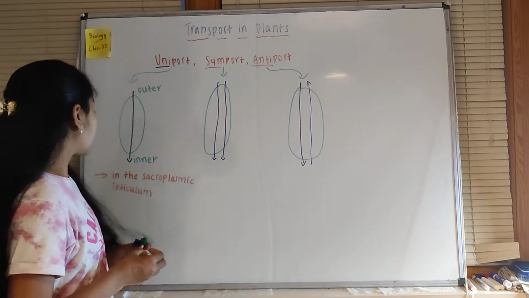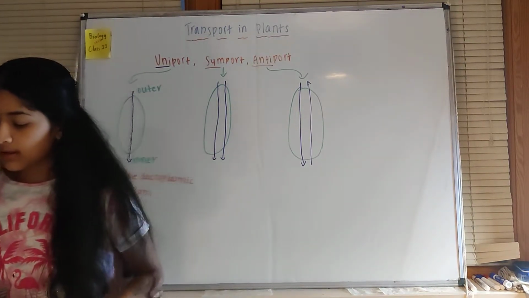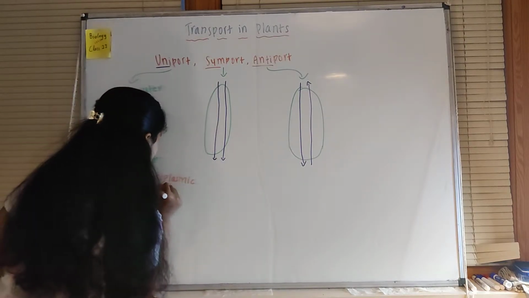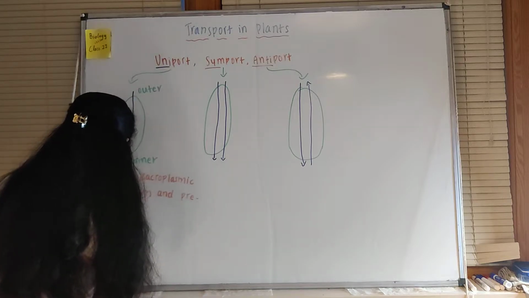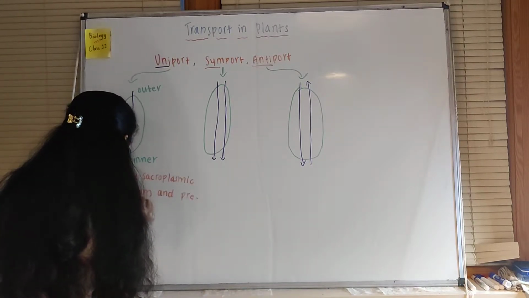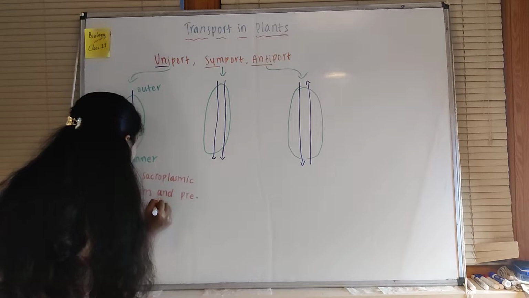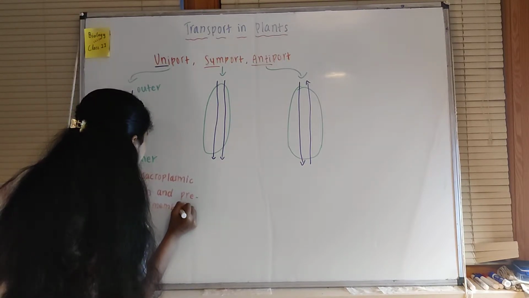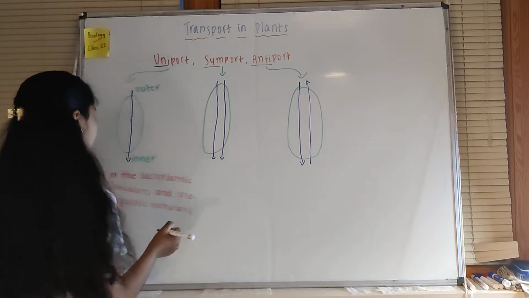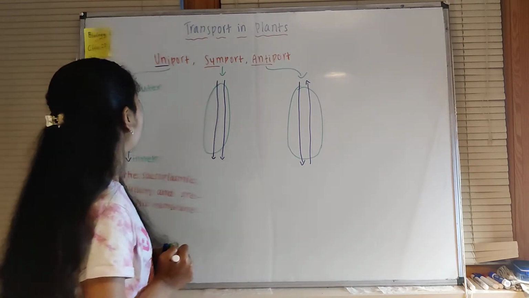So the uniport occurs in the sarcoplasmic reticulum as well as the presynaptic membrane. It occurs in the sarcoplasmic reticulum and the presynaptic membrane.